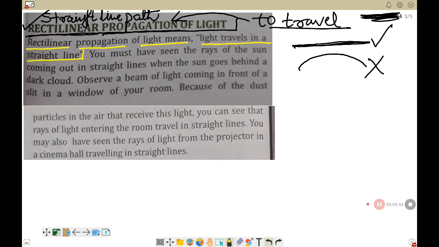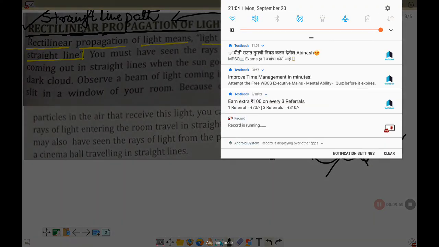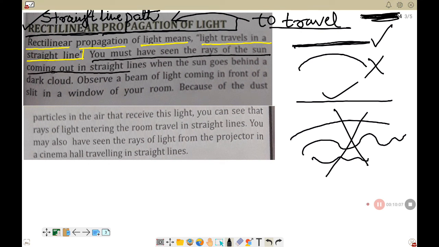So light always travels in a straight line like this, not in the form of a curved path. These are all wrong. So you can see that light always travels in a straight line path. Is that okay? You must have seen the rays of light coming out in a straight line when the sun goes behind a dark cloud.